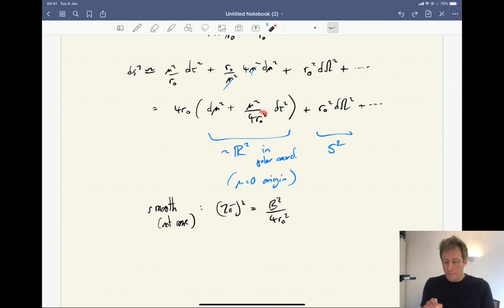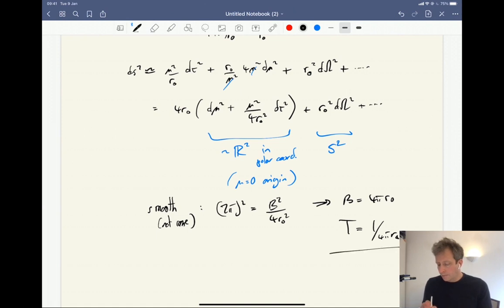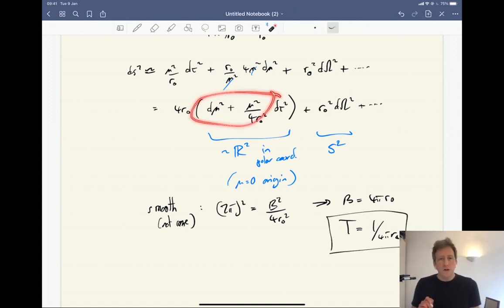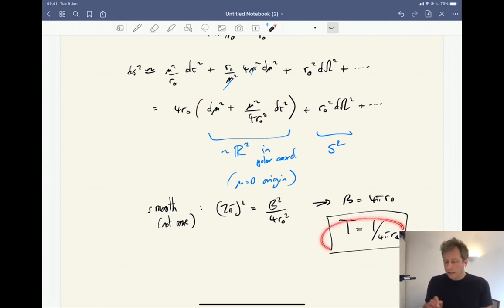Okay, and I get that factor, and I also get beta squared from the tau, and that tells me that beta is 4 pi r0, which tells me that T is 1 over 4 pi r0, and this is the Hawking temperature. And so we've just calculated, just from smoothness of the geometry near the horizon, we've calculated the Hawking temperature. And this agrees with Lorentzian calculations, but it's a very beautiful and sort of elegant way to think about it.